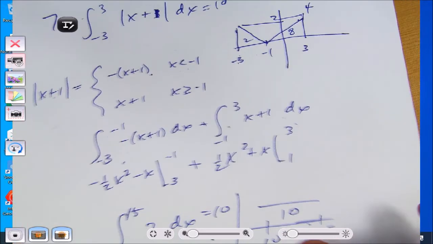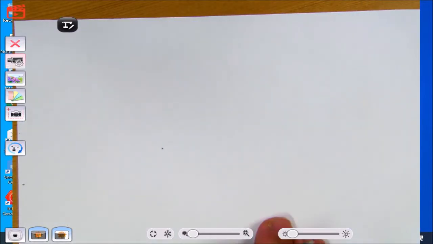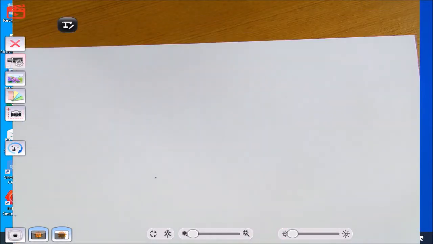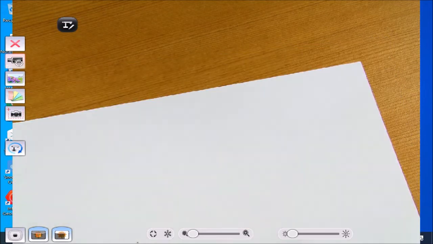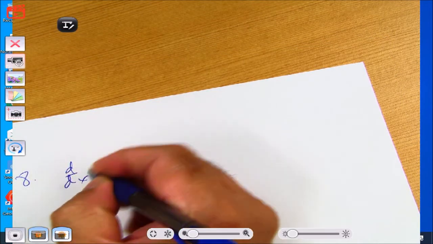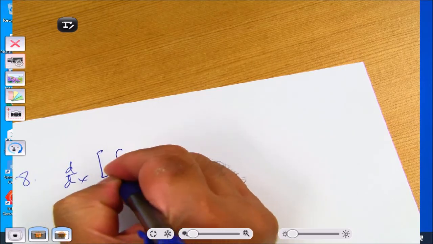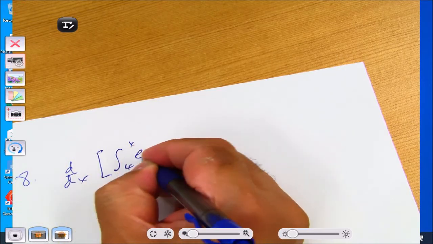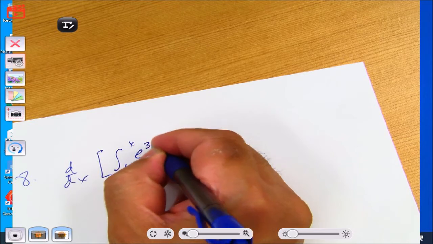All right. Number 8. This one is using the second fundamental theorem of calculus. So it's d/dx of an integral. You just replace all the t's with x.